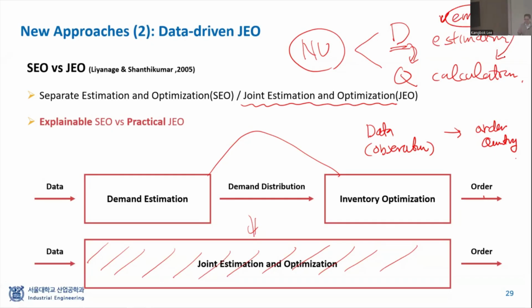So even if I did the correct calculation of F inverse of something, if I happen to have some errors in my F estimation, then those errors come out, and sometimes those errors are magnified in my F inverse calculation, because my F inverse is quite sensitive to the F function. Because of that, even a small error here can make a huge difference in my optimal order quantity calculation.